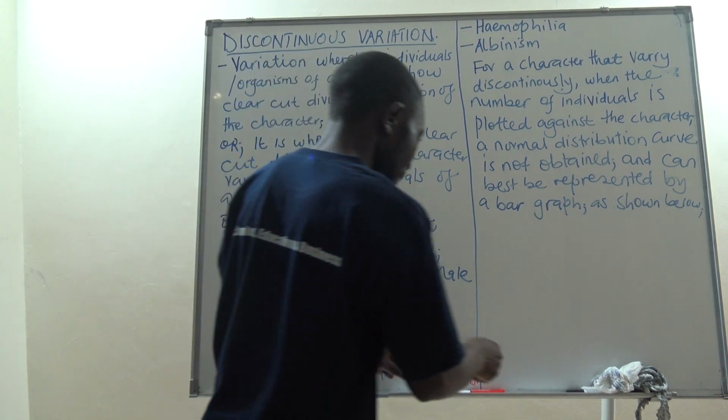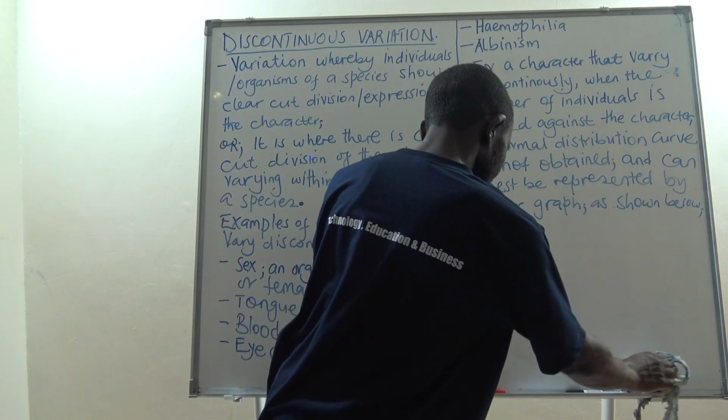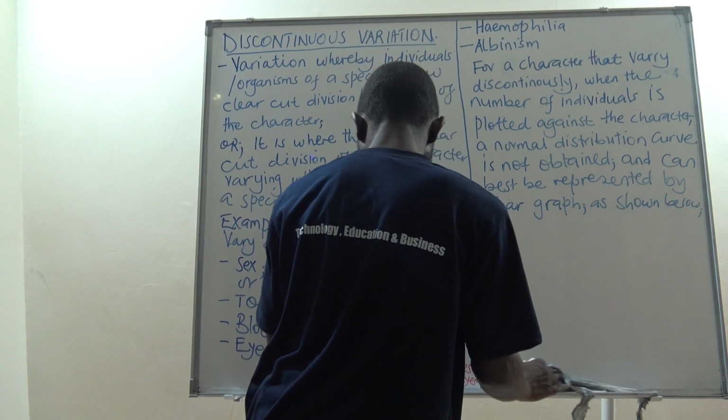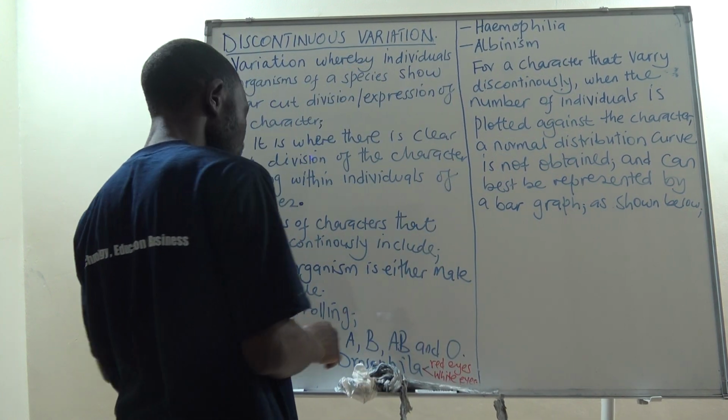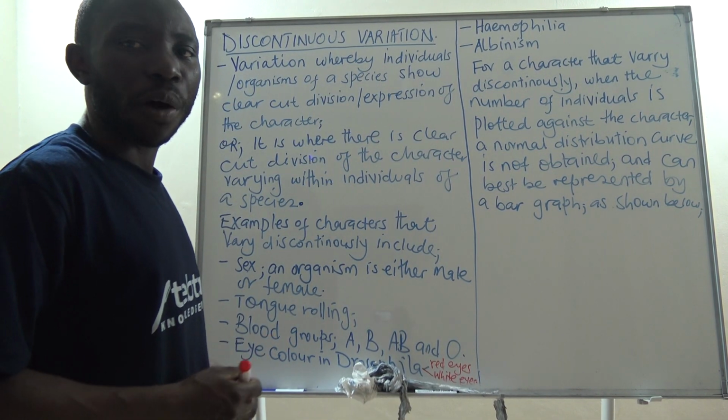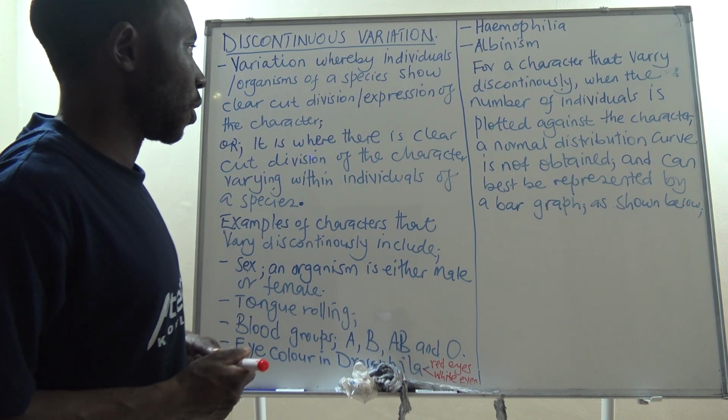So for a character varying discontinuously, it can best be represented using a bar graph as shown on the board.